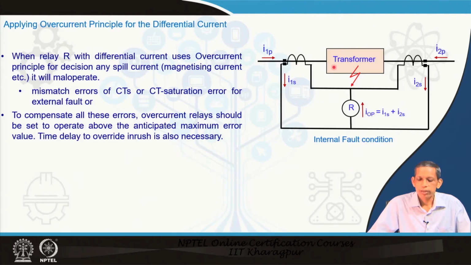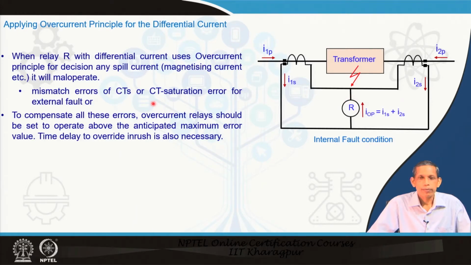Number one, the transformer has magnetizing current. It flows only on the primary side and will not flow on the secondary side. That means there is an additional current to the transformer on the primary side, and that flows as the spill current in the differential branch.